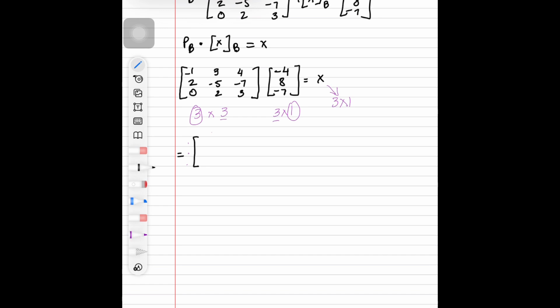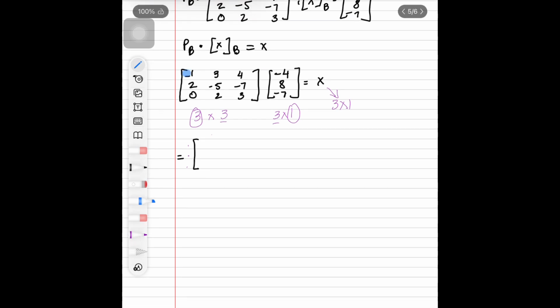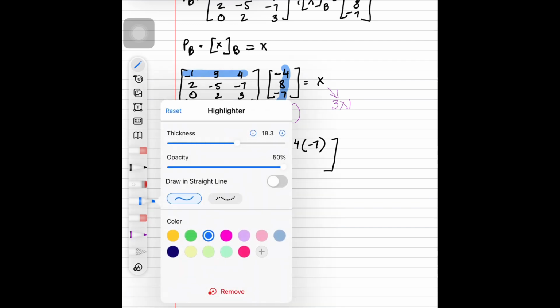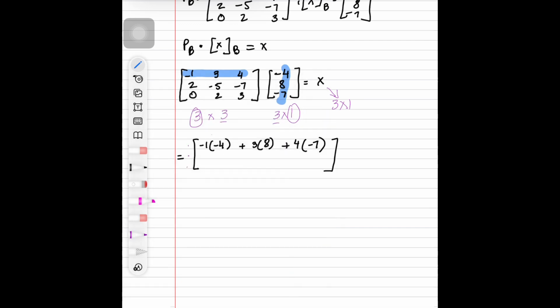So let's multiply first row, first column. So -1 times -4 plus 3 times 8 plus 4 times -7. Okay. So for the next one, we have 2, -5, 7 times -4, 8, and -7.